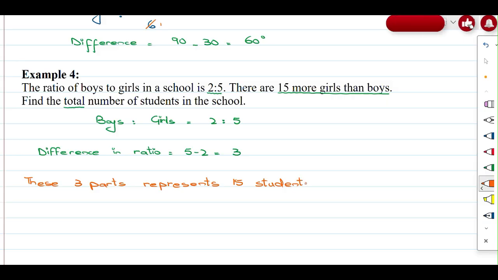So whenever you need to figure out the total and the total is not given in ratio questions, it is better to use the difference technique. You need to figure out the difference in the ratio, and whatever the difference is, that number represents these number of students, right?